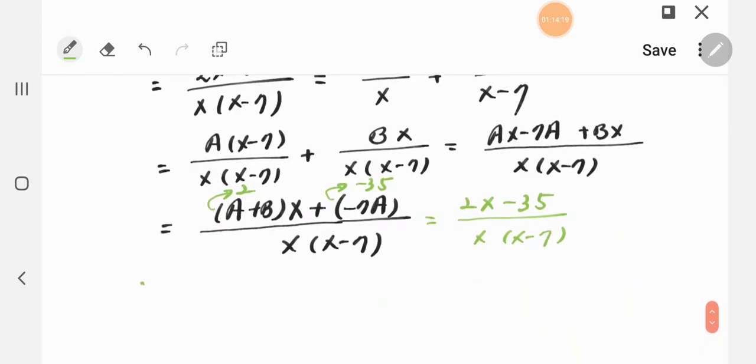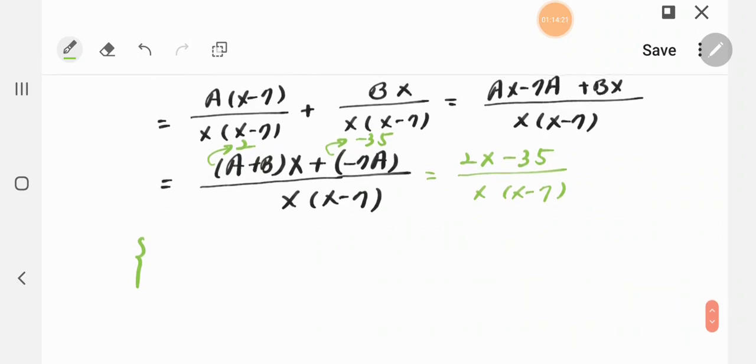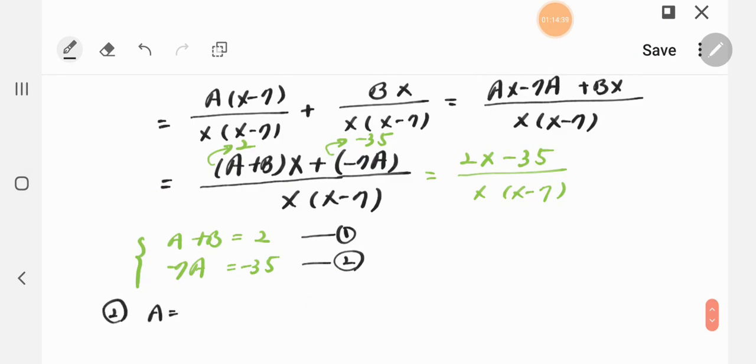So this will give us a system of two equations. a plus b is equal to 2, and negative 7a is equal to negative 35. So from equation 2, a is equal to 5. And then from equation 1, since a is equal to 5, b equals negative 3.